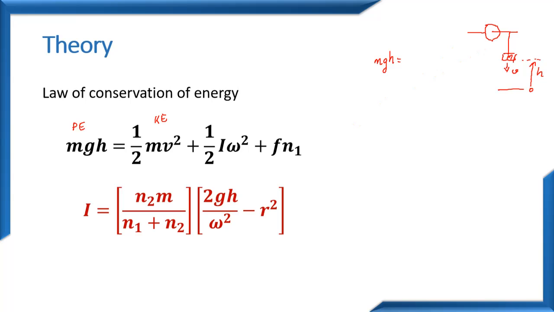So the potential energy stored here is used up in the kinetic energy of the falling mass. It is also used in the rotational kinetic energy of the flywheel, and also as friction. This F is friction.